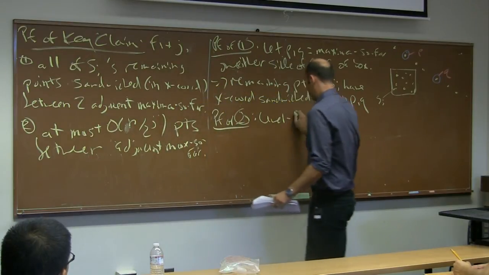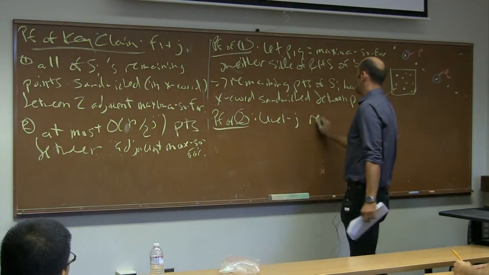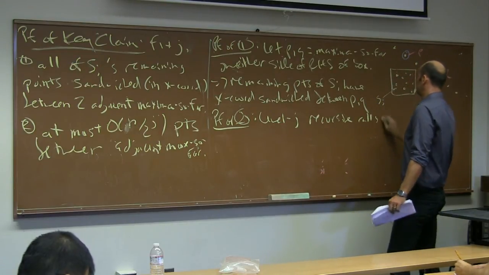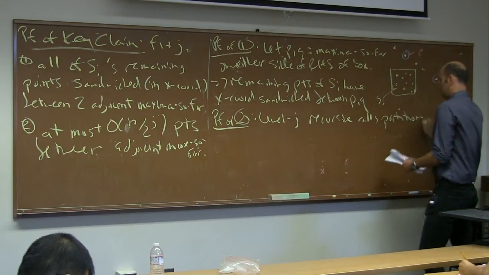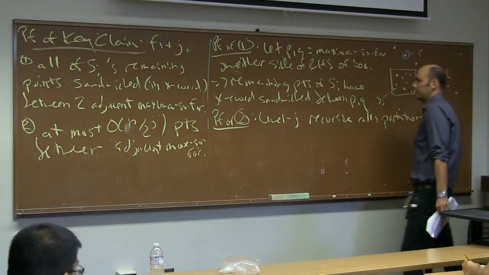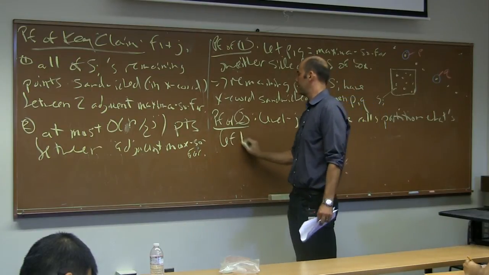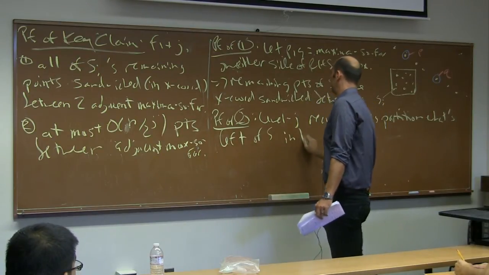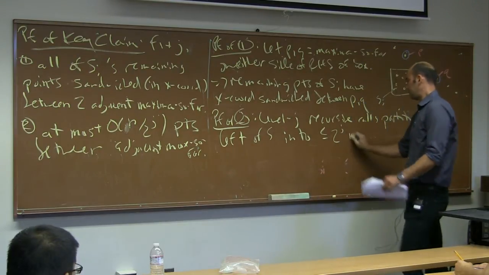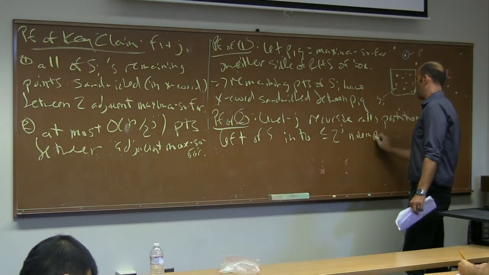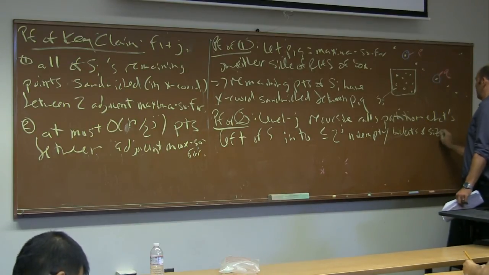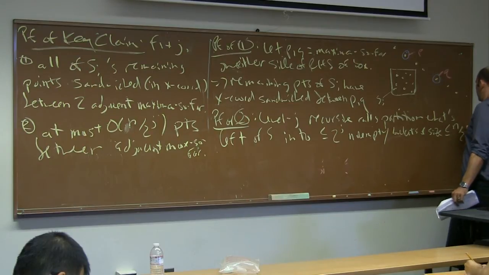So our level J recursive calls partition what's left of S, so the stuff that hasn't been pruned away, into at most 2 to the J non-empty buckets of size at most n over 2 to the J.